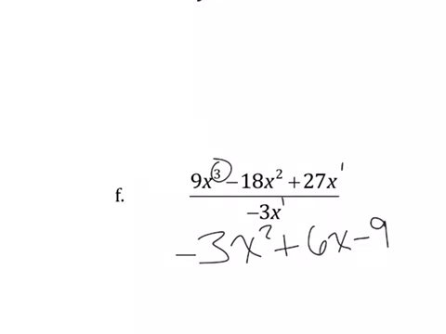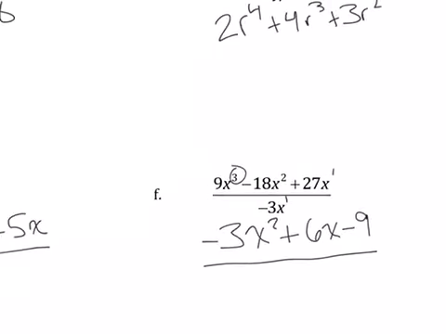You remember anything to the power of 0 is just 1, so I don't need to write those down. We would actually have an x to the 0 here, but because that's just 1 and it'd be multiplied by a negative 9, we just don't need to write it. So our final expression will be negative 3x squared plus 6x minus 9.